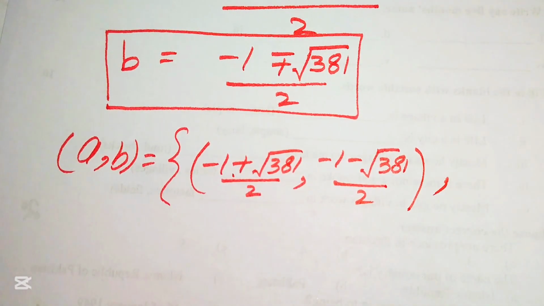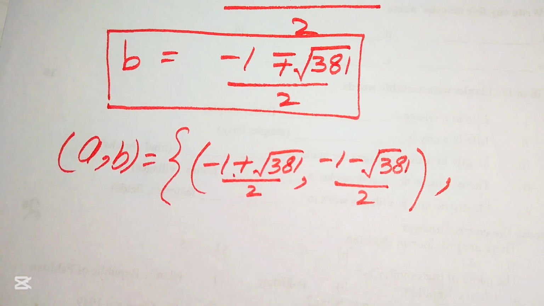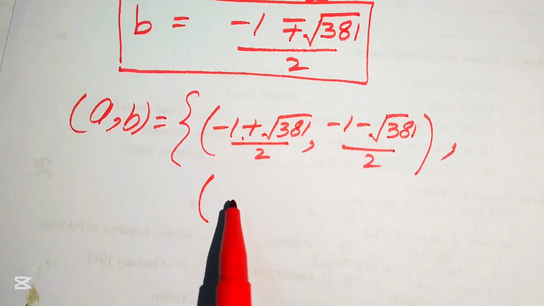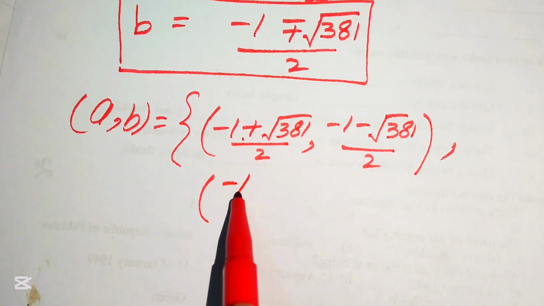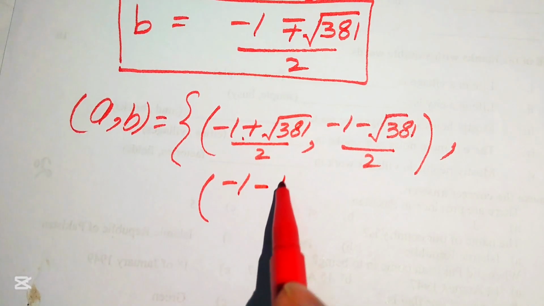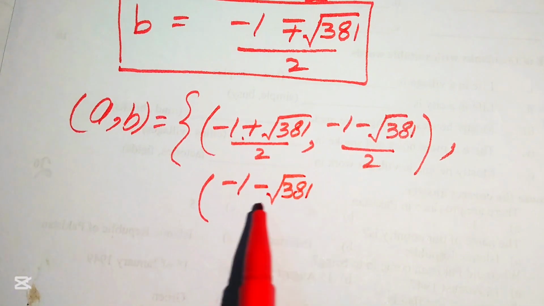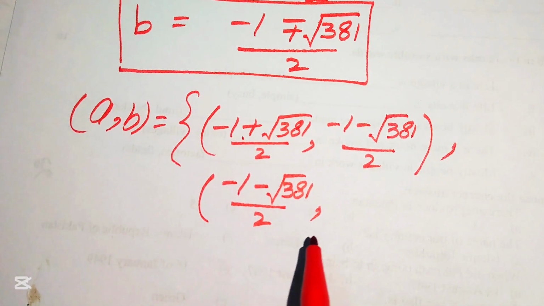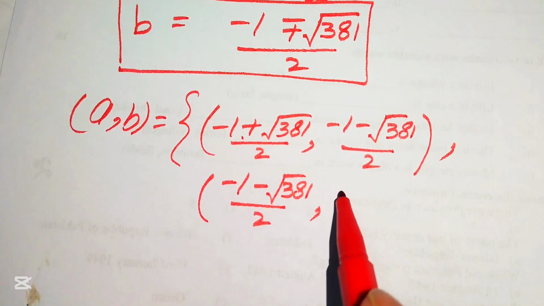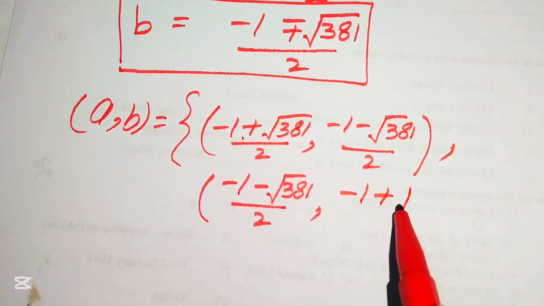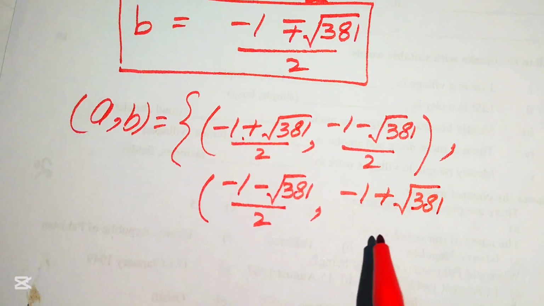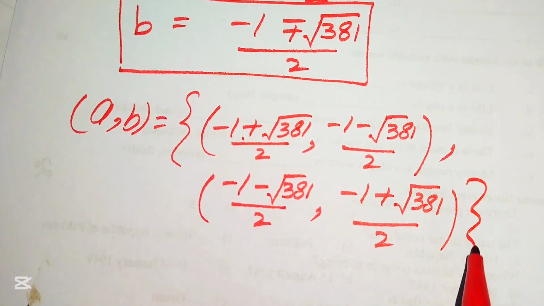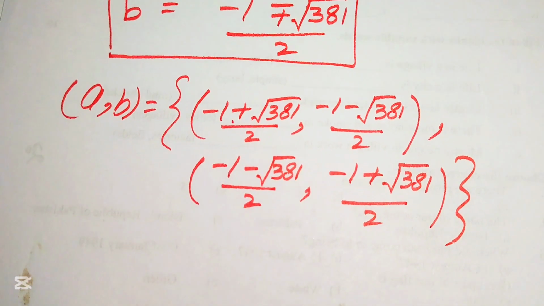This is our first solution. Likewise, when we choose the second value of a, minus 1 minus square root of 381 divided by 2, then we correspondingly get the value of b as minus 1 plus square root of 381 divided by 2. So this is our second solution of this equation.